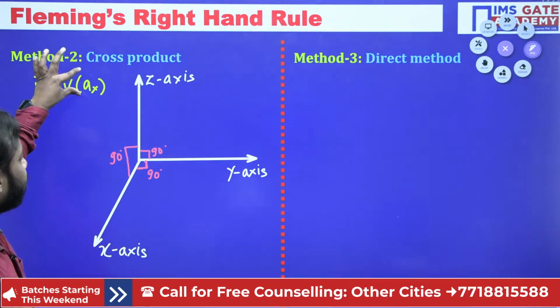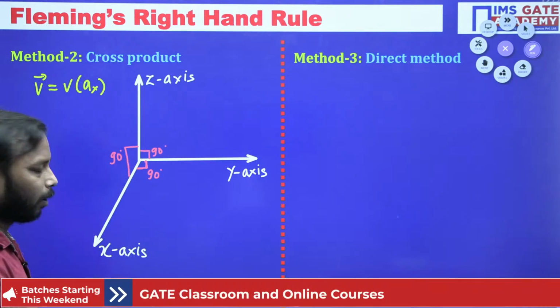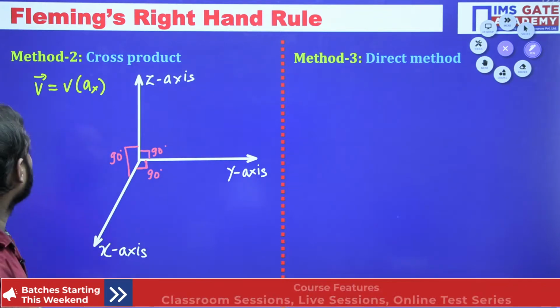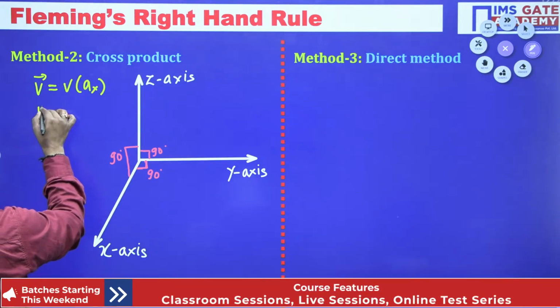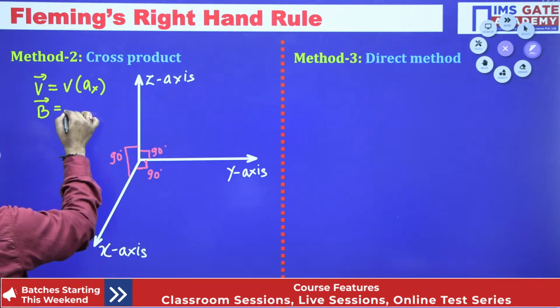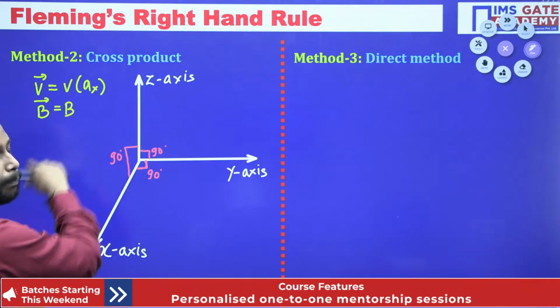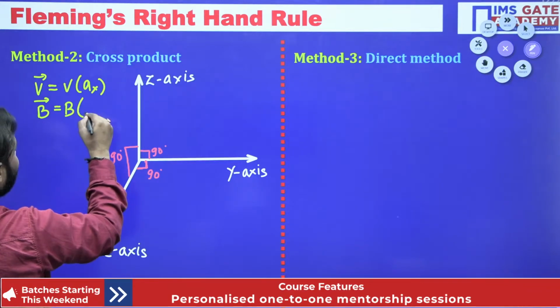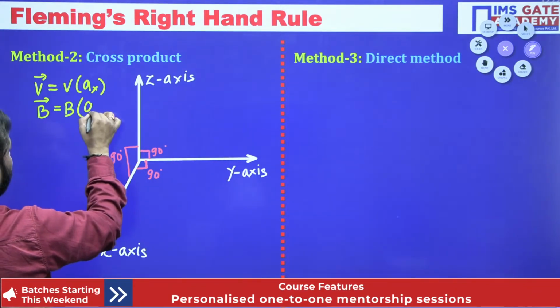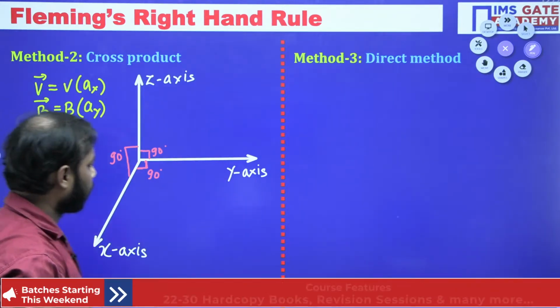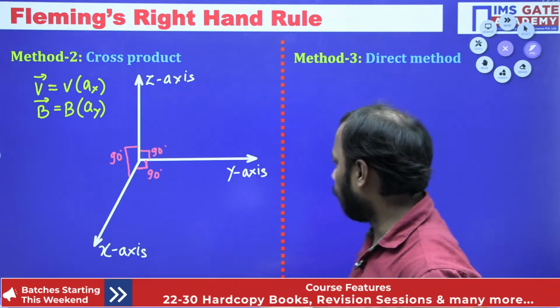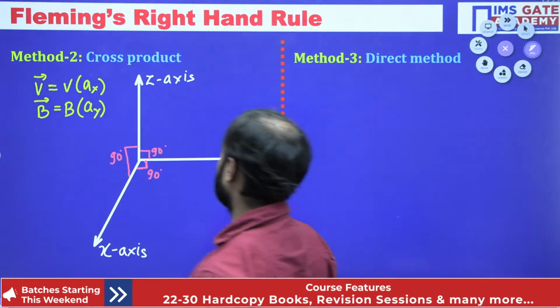This AX implies the direction of velocity. Now B is in the Y direction. B is the magnitude and this is in the Y direction, so AY.